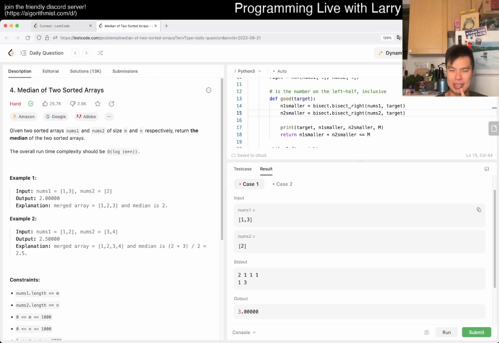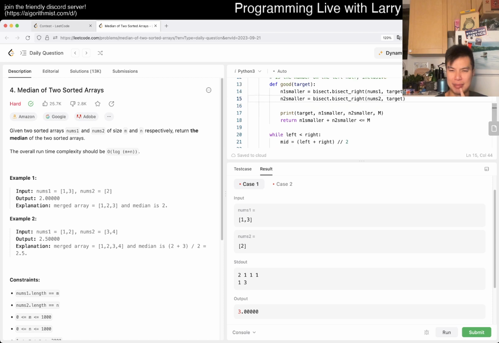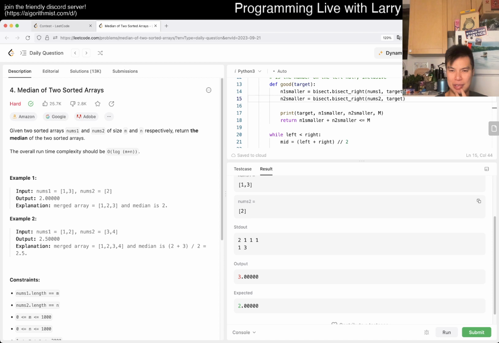But somehow we get 3. That doesn't feel so right. The 2 is, so it's given 2, so it's 2 or bigger or smaller. That's what this is saying.